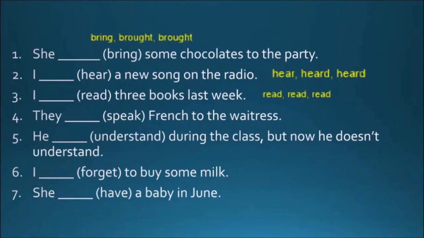They speak, infinitive form, French to the waitress. So what are our 3 forms of the word? I hope you guessed it correctly. So speak, our infinitive form, spoke, past tense, and spoken, past participle.